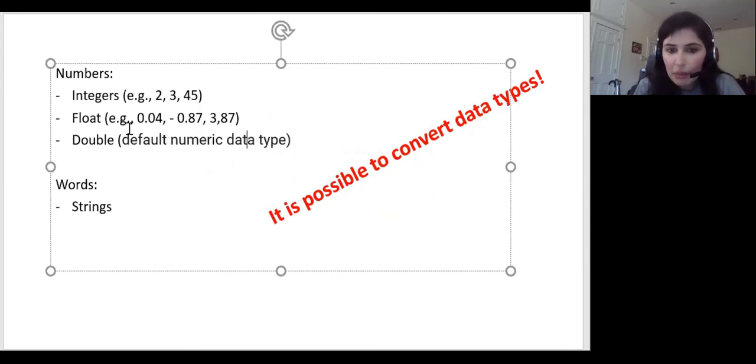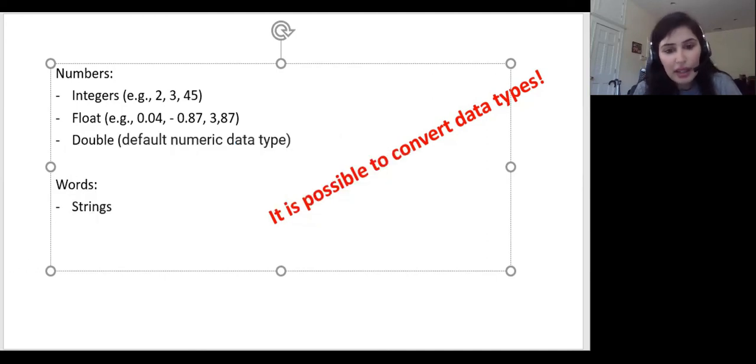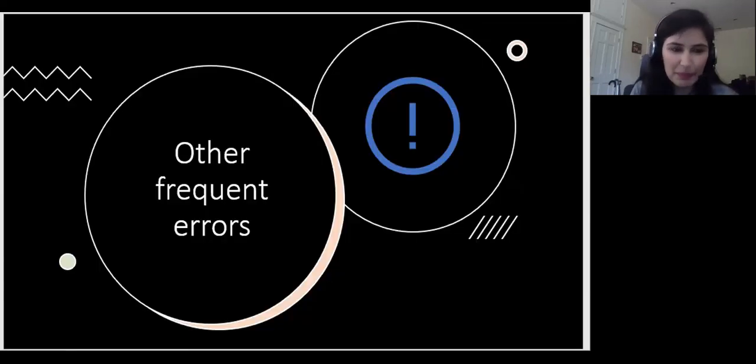Then we have double, that is the default numeric data type. And then we have strings. We also have other data types, but let's focus on these ones that are the most common. Oh, also, it is possible to convert data types. So if you need a float for something, and there is an error, and you have integers, you can convert integers into floats. So check the documentation to learn more about it. But just know that it's a possible thing to do.